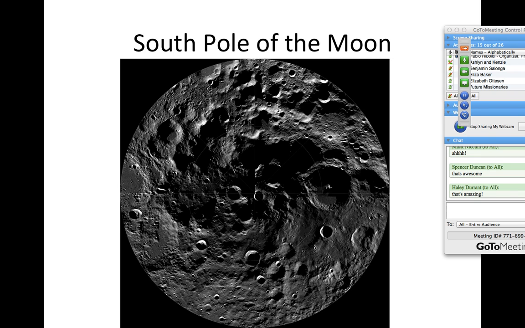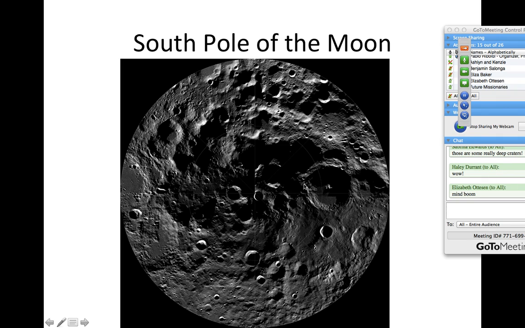I don't know exactly why it is so different in coloration, so I don't think that is a real effect. But see the impact craters here on the south pole of the Moon.